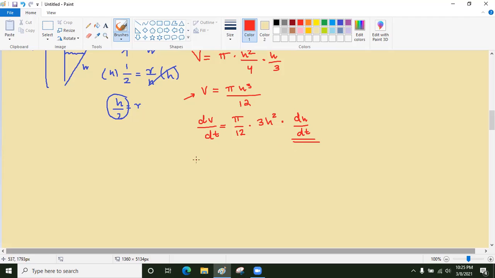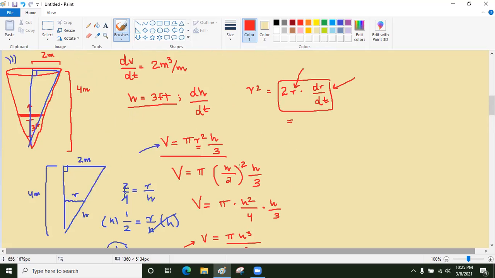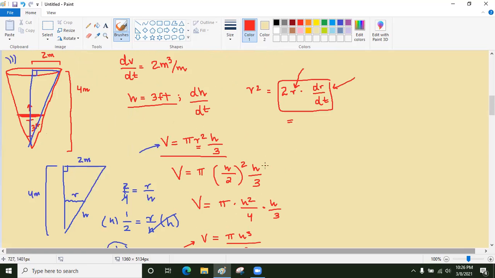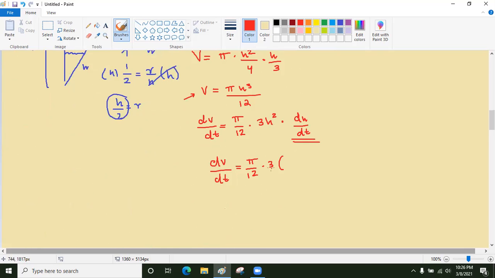So if you think about it, you can just plug in your height, which they said at that particular moment you wanted, which is 3 feet.